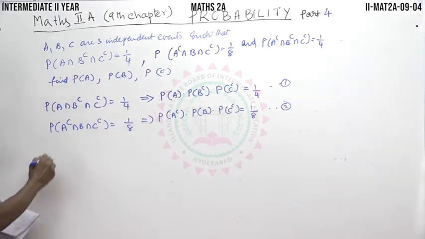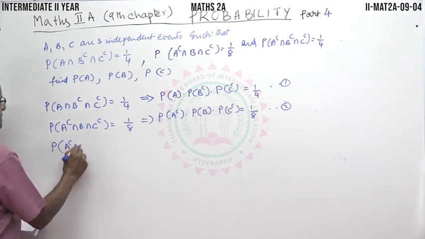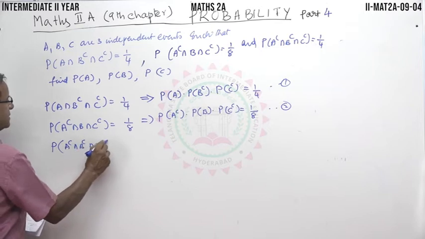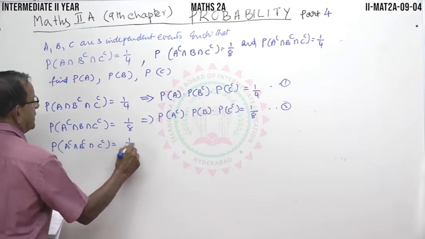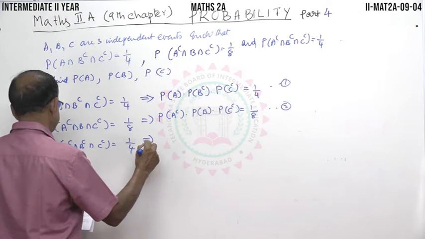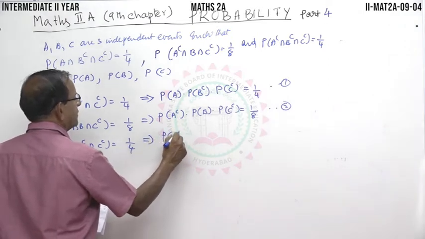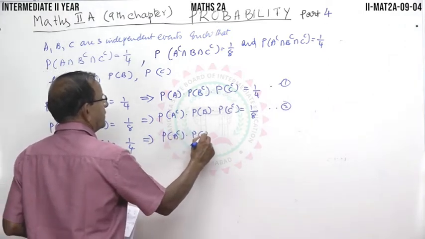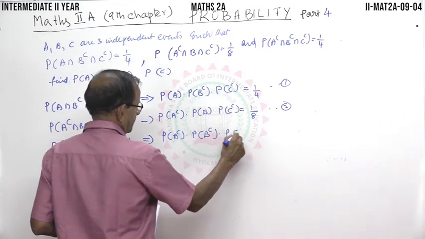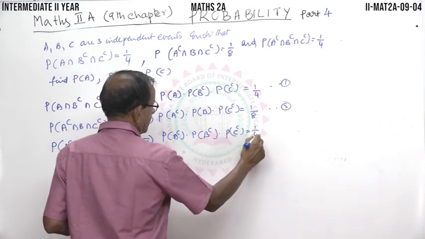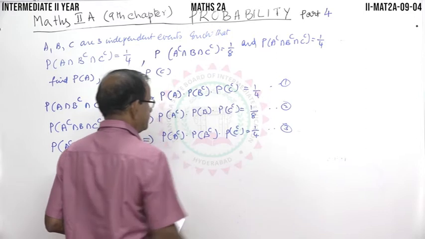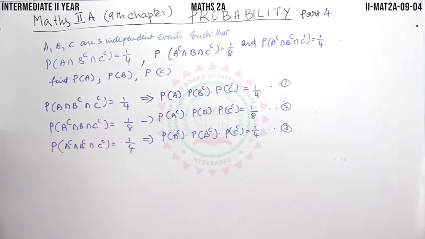Now, third one. P of A complement intersection B complement intersection C complement is 1 by 4 again. That implies P of A complement into P of B complement into P of C complement is 1 by 4. Take it as 3. Now let us take 1 by 3.